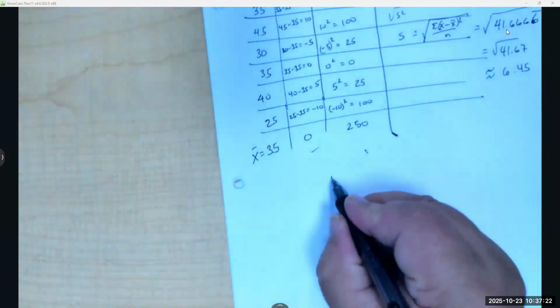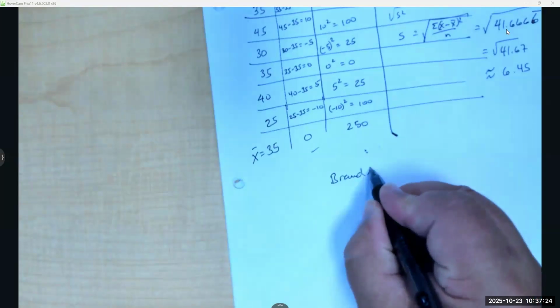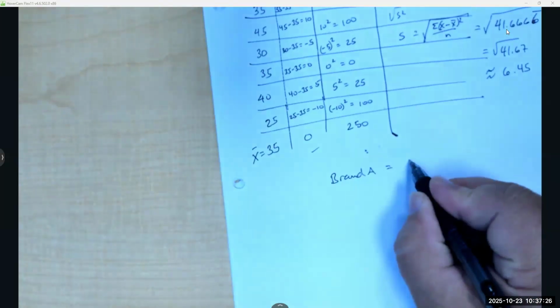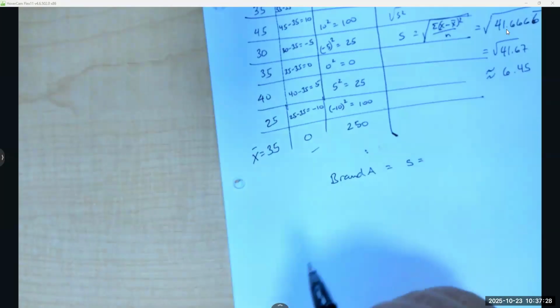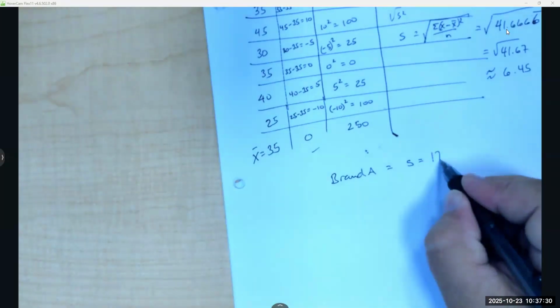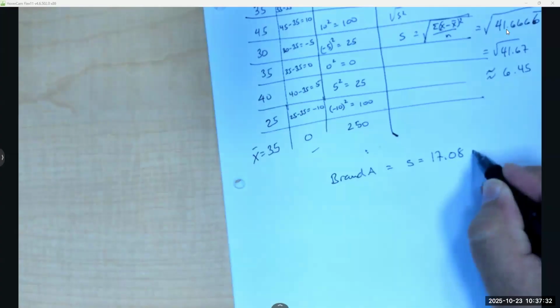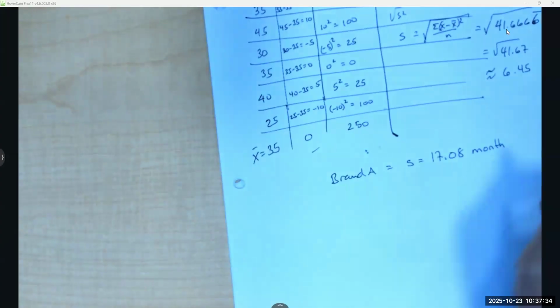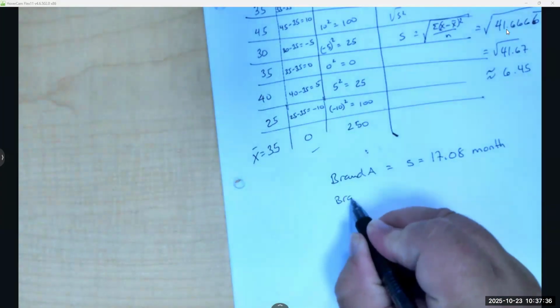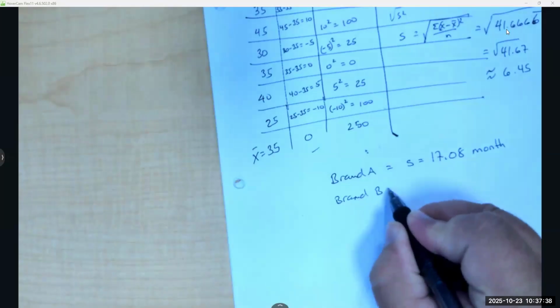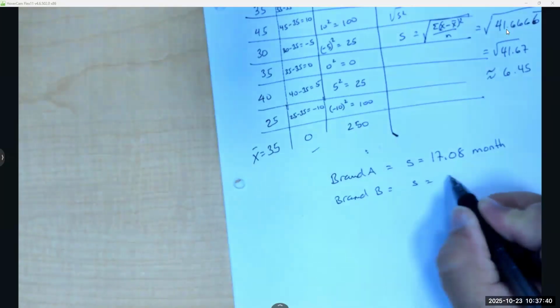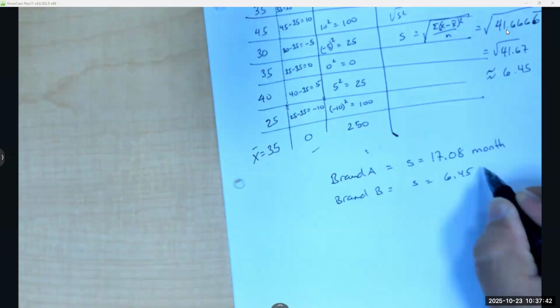So brand A has a standard deviation of 17.08 months. Brand B has a standard deviation of 6.45 months.